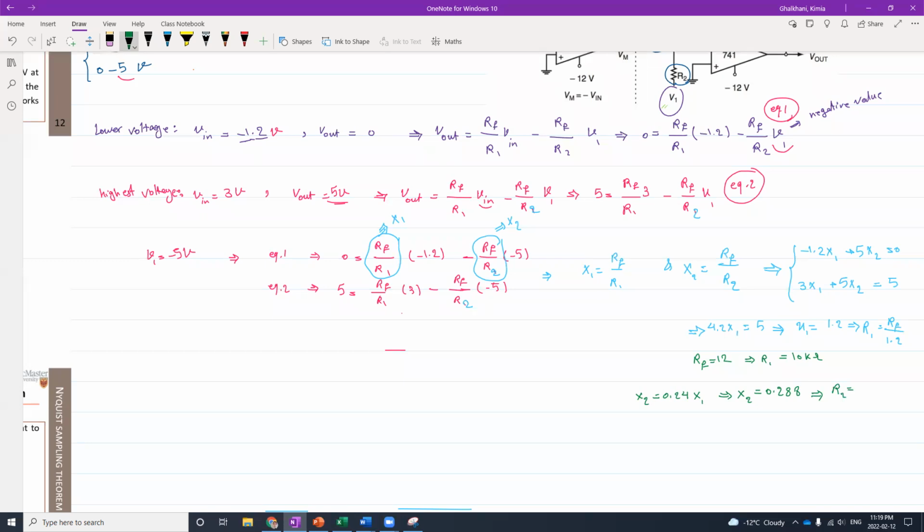It is, look at here, RF over X2, which is going to be 0.288. And if you just use your calculator and put the RF, which you already have, 12 in here, it's gonna be 42 kilo, right? So now I'm gonna leave this example in here for you.